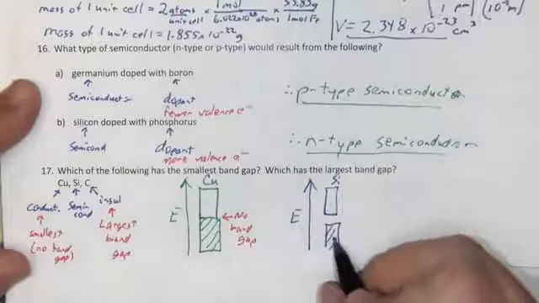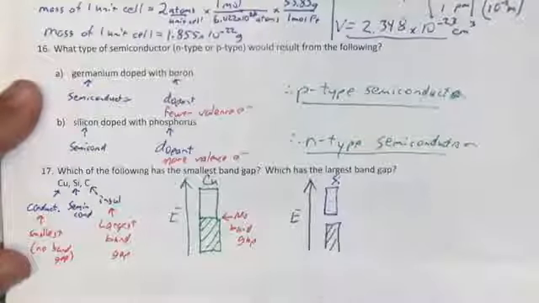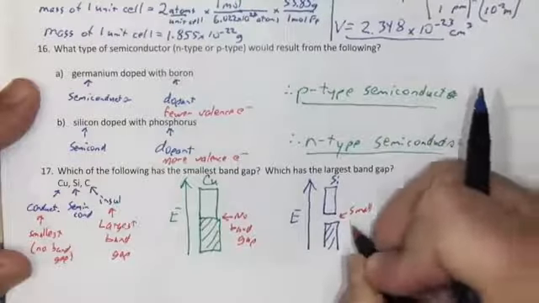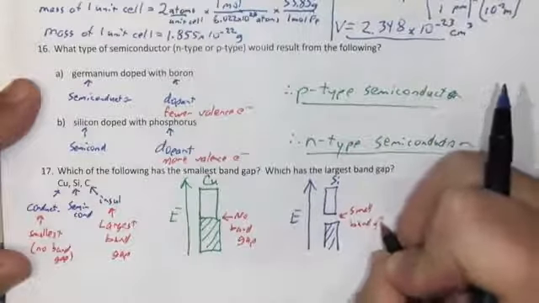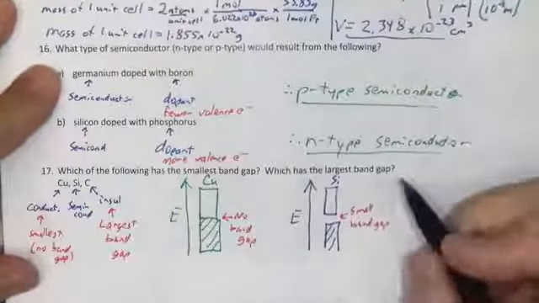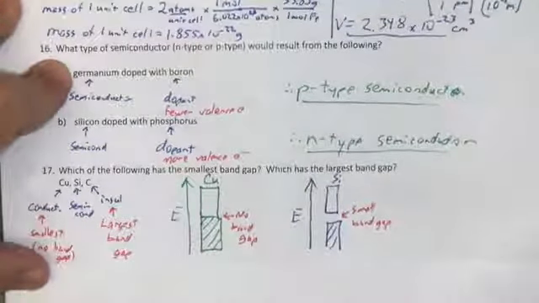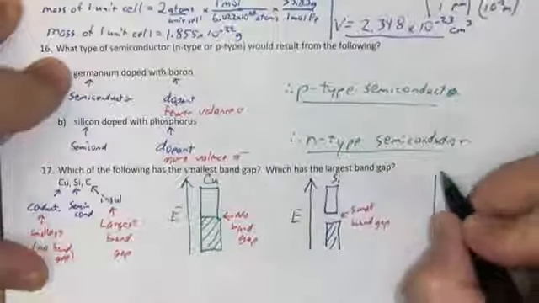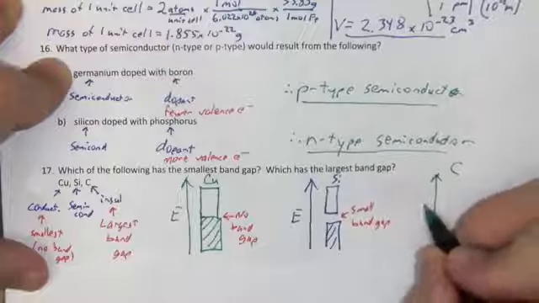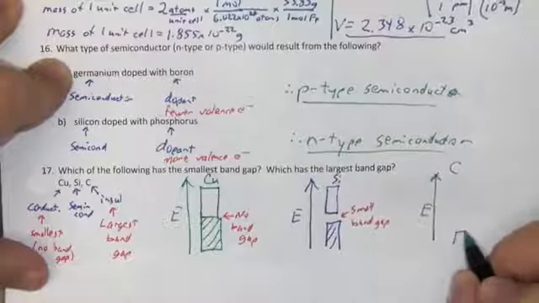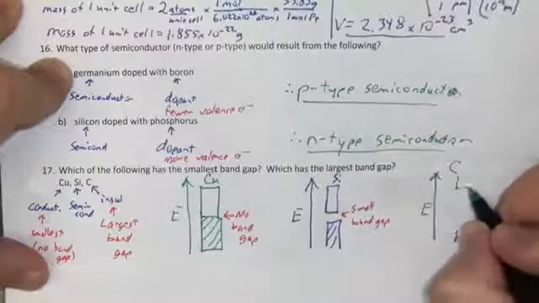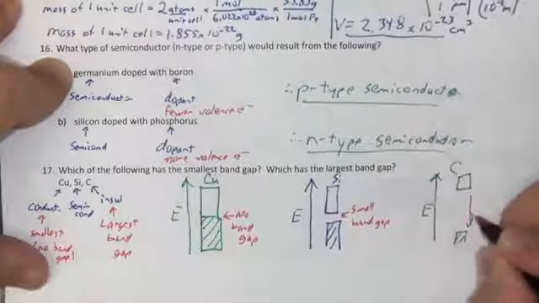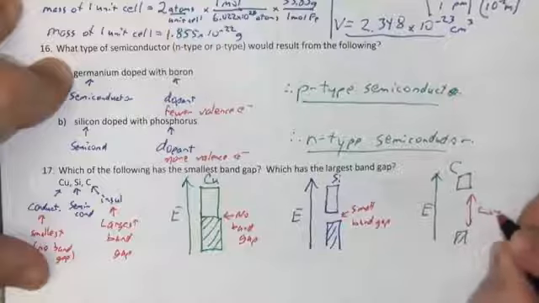This is the valence band, this is the conduction band, and there is a small band gap. And if we were to look at the last one, carbon, an insulator, this is my energy diagram. Here's the valence band, here's the conduction band, and there's a large band gap.